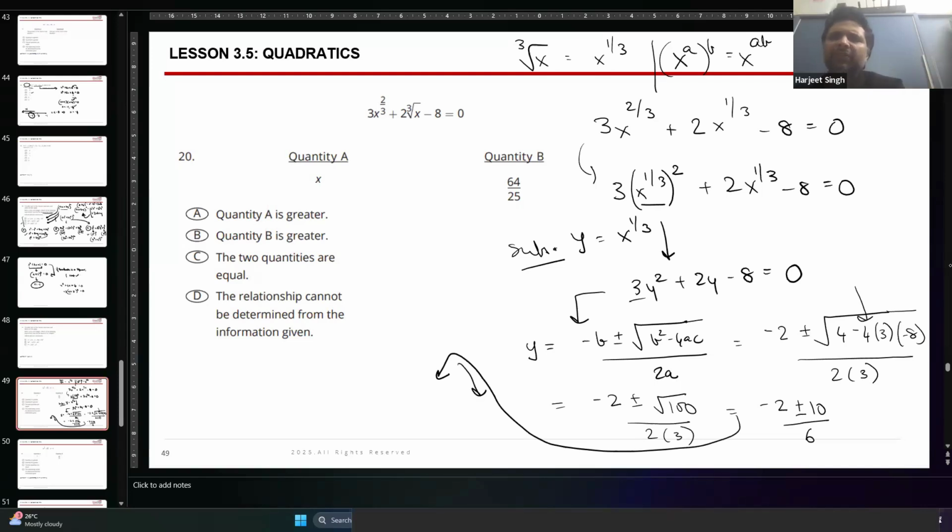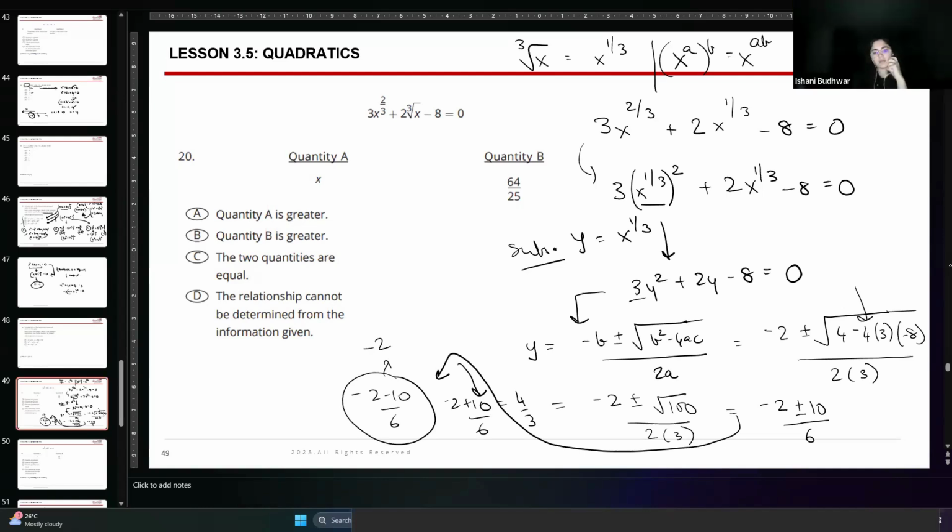So y can have two values, minus 2 minus 10 by 6 or minus 2 plus 10 by 6. If I take the first one, we have minus 2. And if I take the second one, we have 4 by 3. 8 by 6 is 4 by 3. Correct? So two solutions for y.